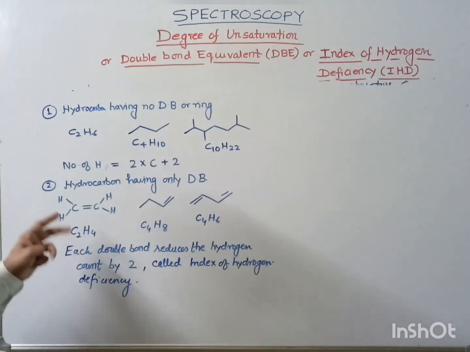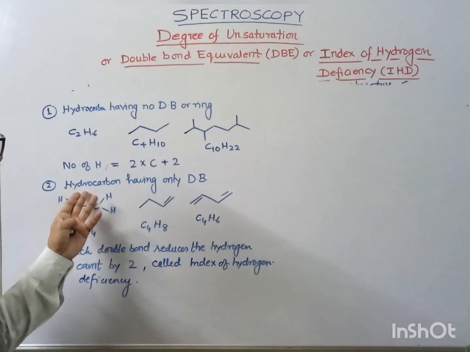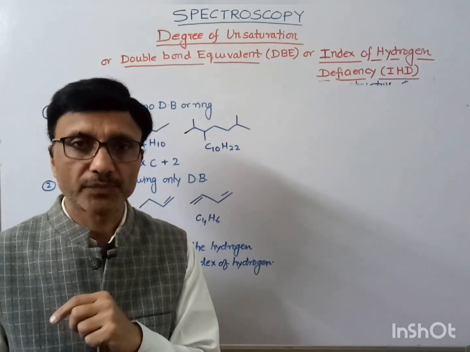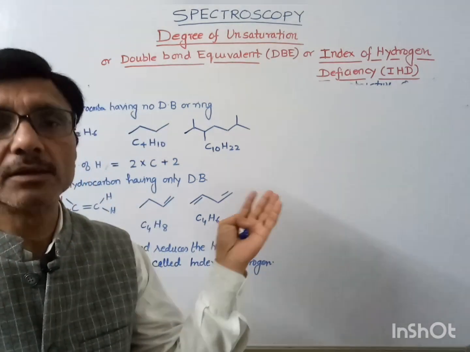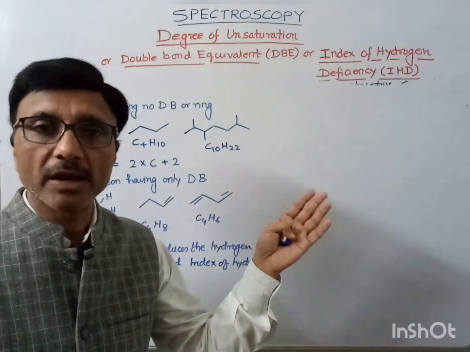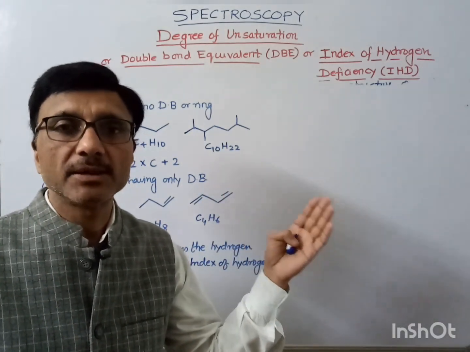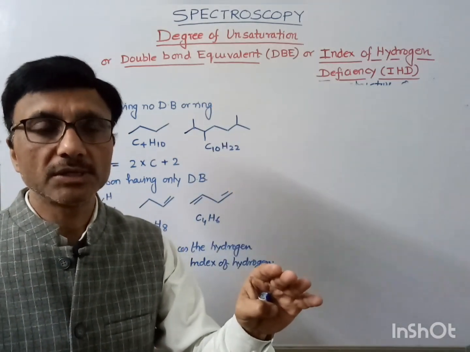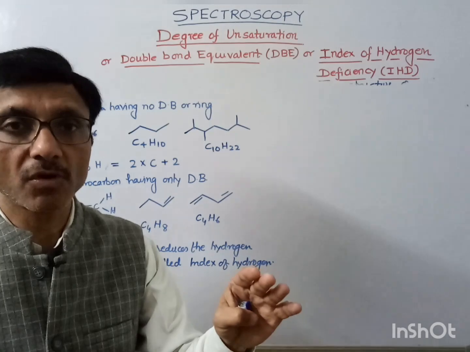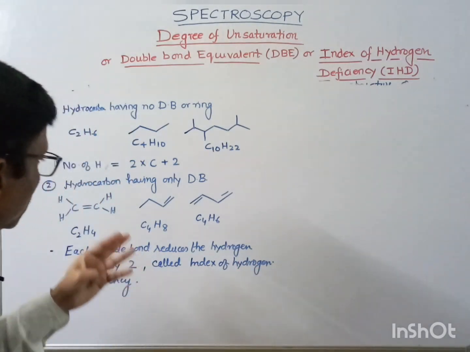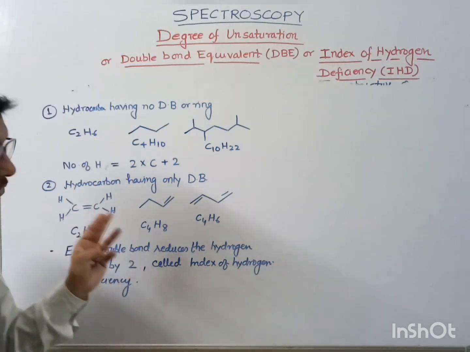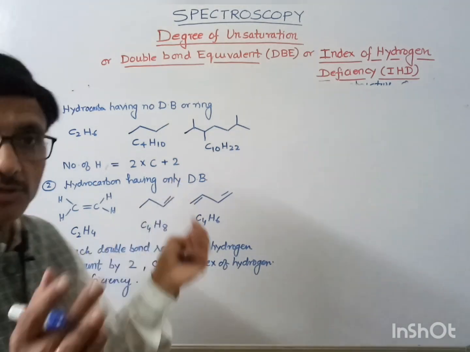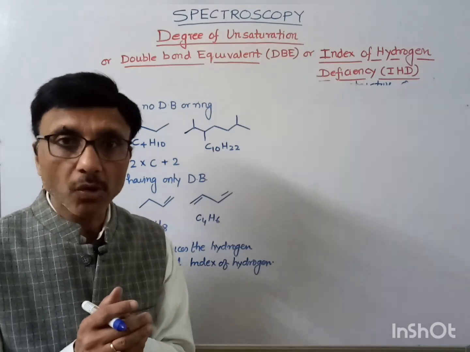This is the case when a double bond reduces the hydrogen count by 2. But in the beginning, I gave you the definition that the double bond equivalent or DBE is the sum of double bonds and rings. So a double bond reduces the hydrogen count by 2, and let us see whether the ring also reduces the hydrogen count by 2 or not.